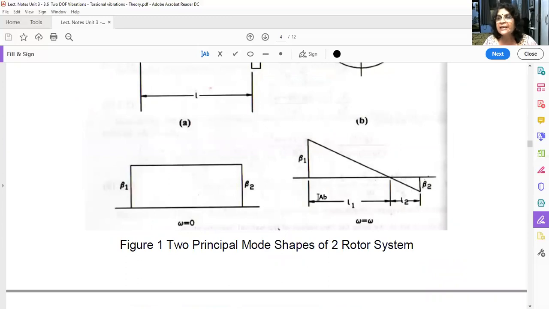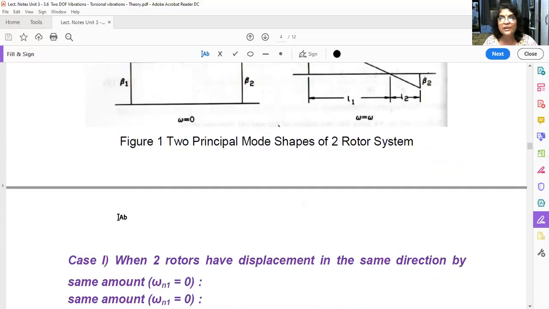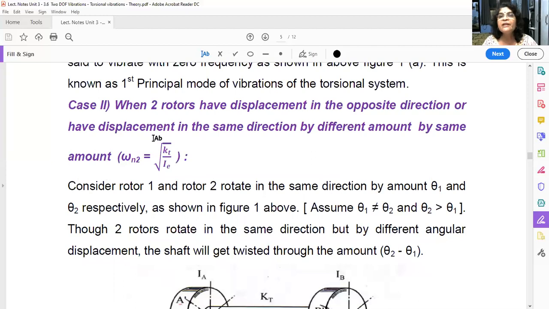Now consider the second case, when two rotors have displacement in the opposite direction. That means if I am moving one rotor clockwise and the other anti-clockwise, what will happen? Your shaft will get twisted.